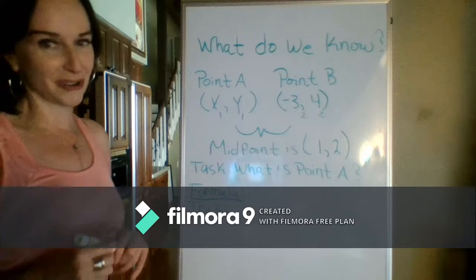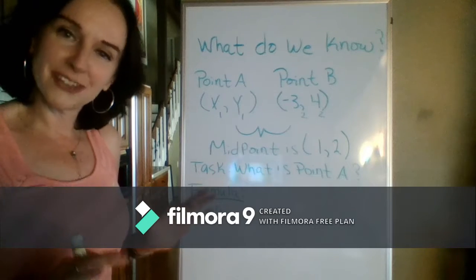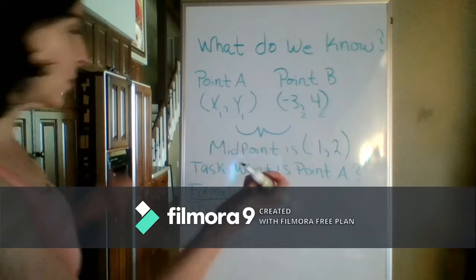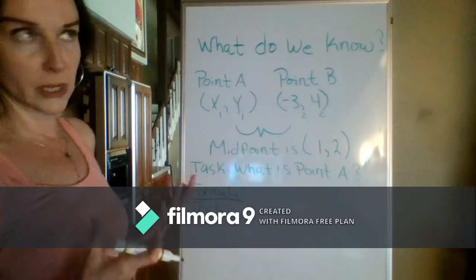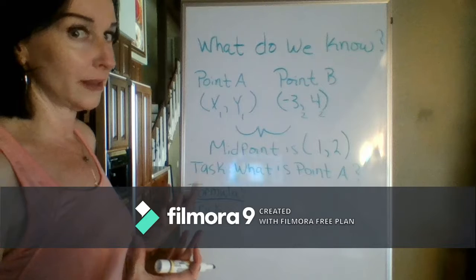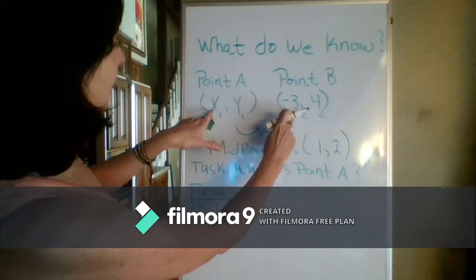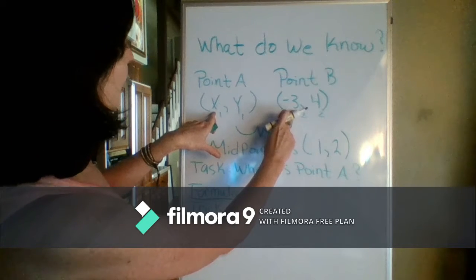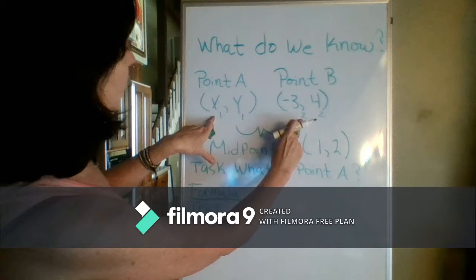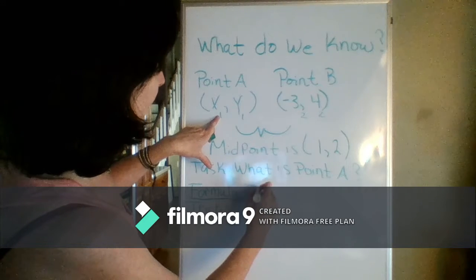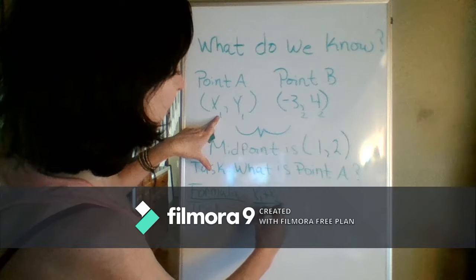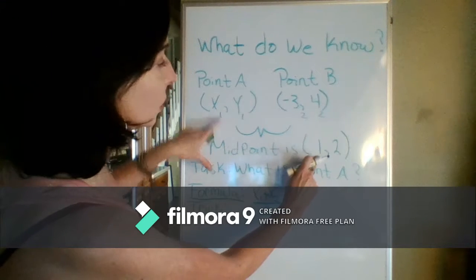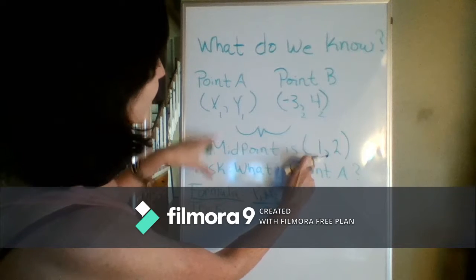Well, I suppose we could, but we can't get there easily without the formula. So what's the midpoint formula? It makes a lot of sense. It's the midpoint between 2 spots, so it's kind of like the average, right? So I need the midpoint of x, so I'm going to take x1 and x2. x1 plus x2, when divided by 2, has to equal 1, because that's the midpoint of my x coordinates.